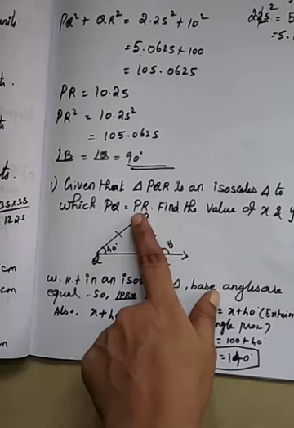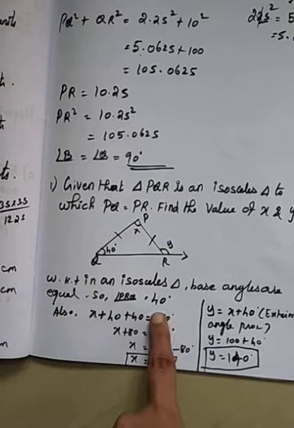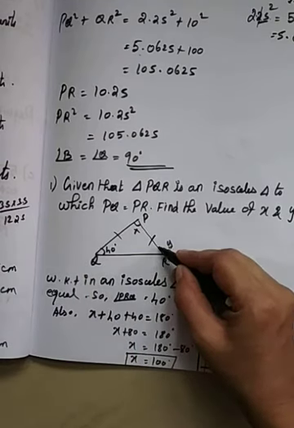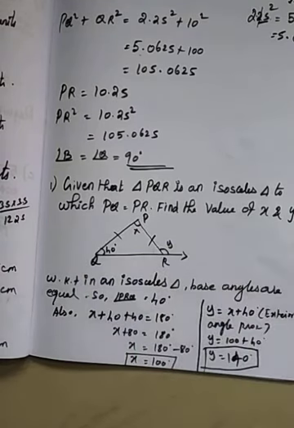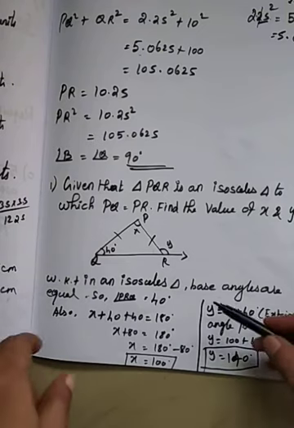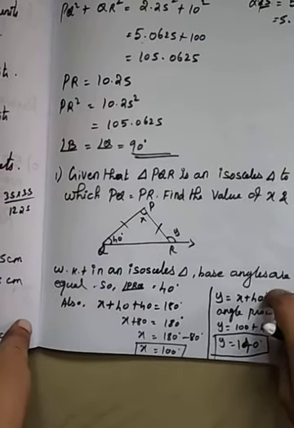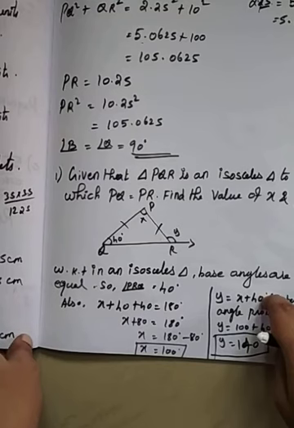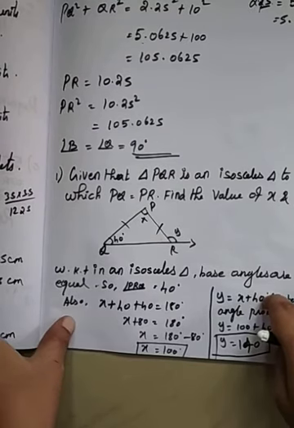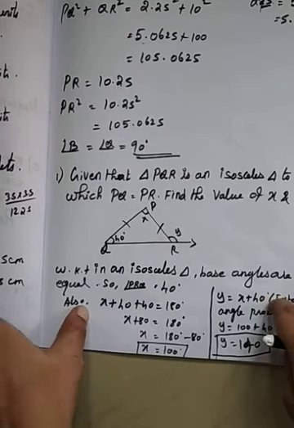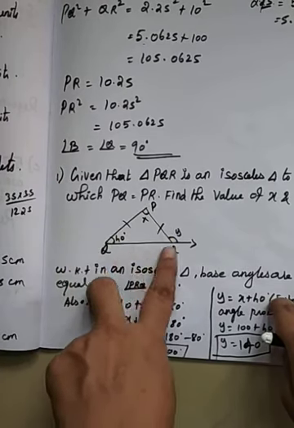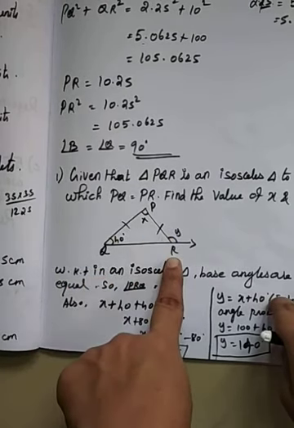Now, everybody knows the angle sum property of a triangle: the sum of the interior angles is 180 degrees.